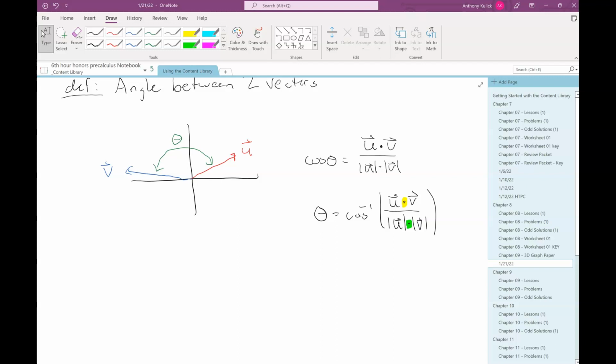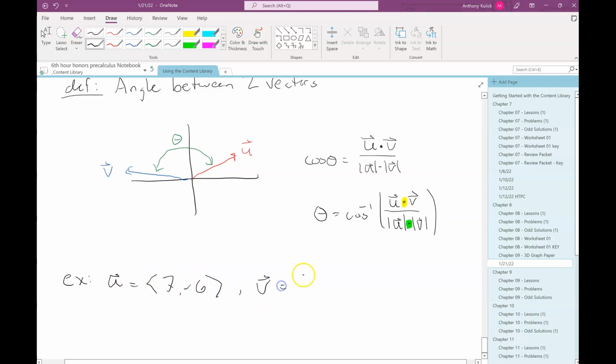We're not going to prove this. The proof of this is ostensibly just using the law of cosines. If you wanted to take a look, it's in the lesson notes, but I'm going to skip it for now. So let's say that we wanted the angle between these two vectors, u and v.